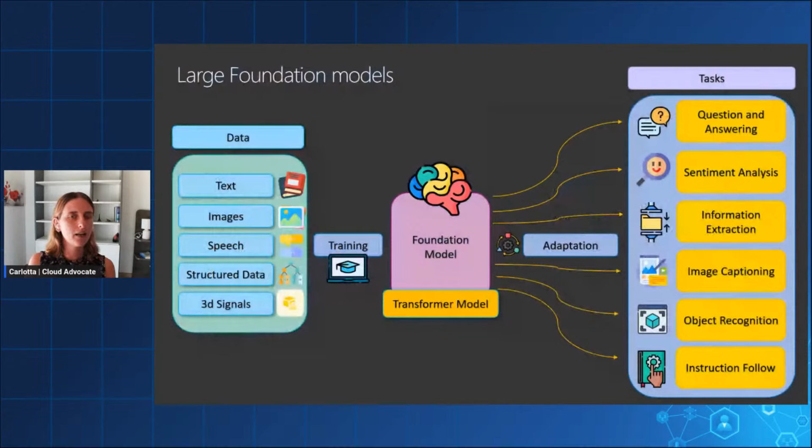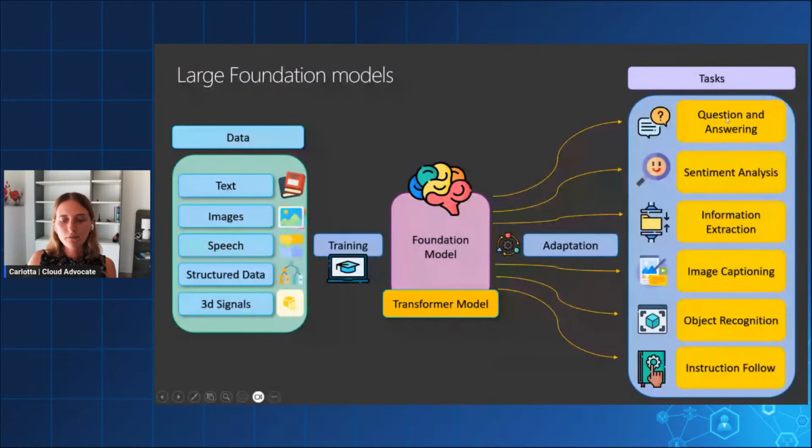So they are able to receive text as input and generate text as output. And they can be used out of the box without extensive training. So users can interact with these models using natural language inputs, which are known as prompts.